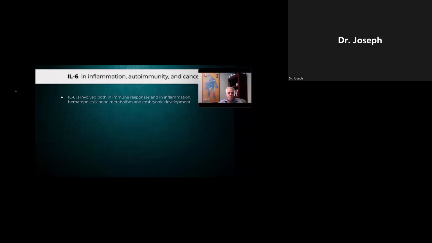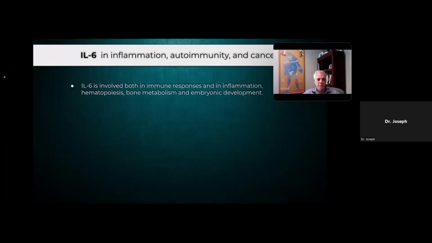Interleukin 6 and inflammation, autoimmunity, and cancer. Interleukin 6 involved both in immune responses and inflammation, hematopoiesis, bone metabolism, and embryonic development. Okay, now this is straight from this article from literally a year ago.